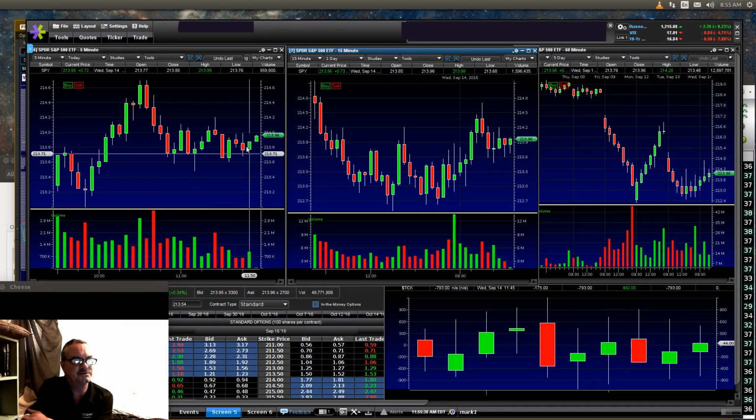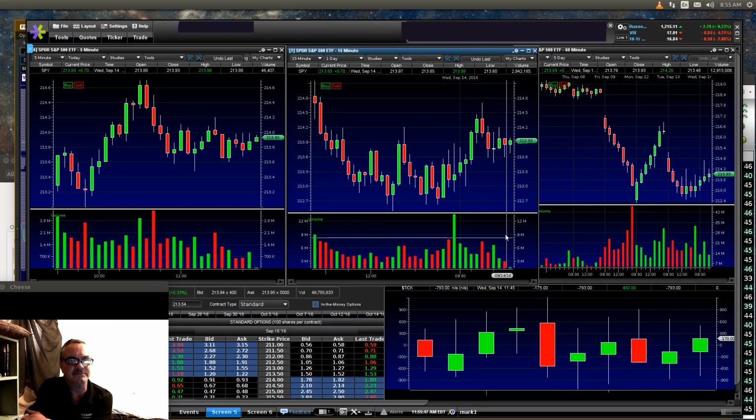On the 5 minute, here's the expansion of volume with an up thrust. That's not a good sign. And here's declining volume on the 15 minute.